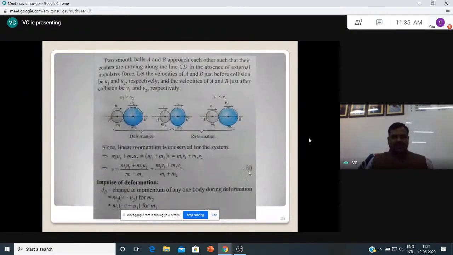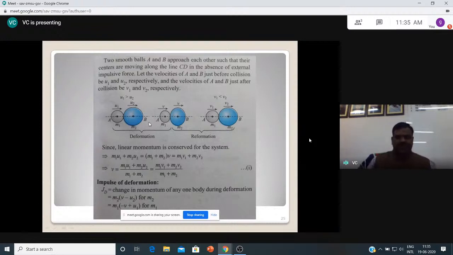Now let us see two smooth balls approaching each other. For them to approach each other, u1 is greater than u2. Both are moving in the same direction, but one is approaching the other, moving along the line CD.